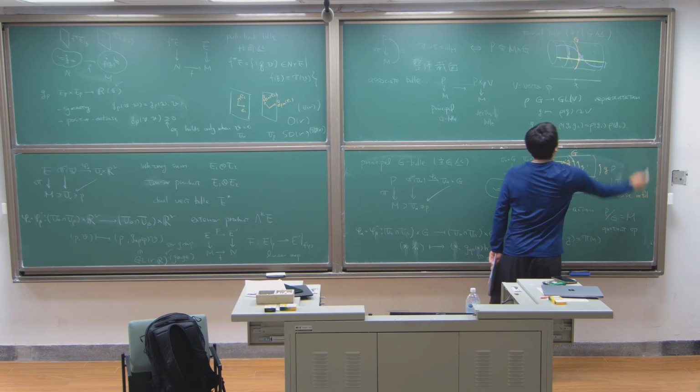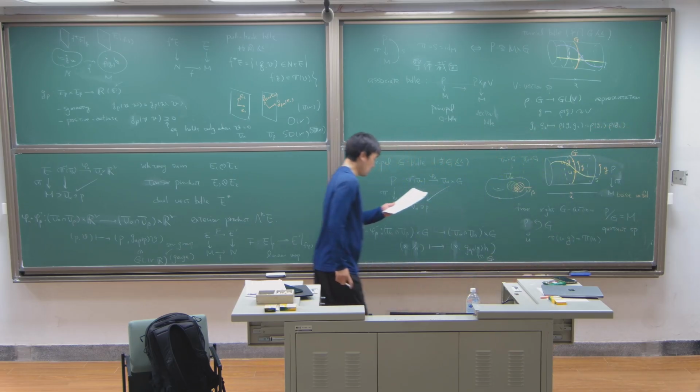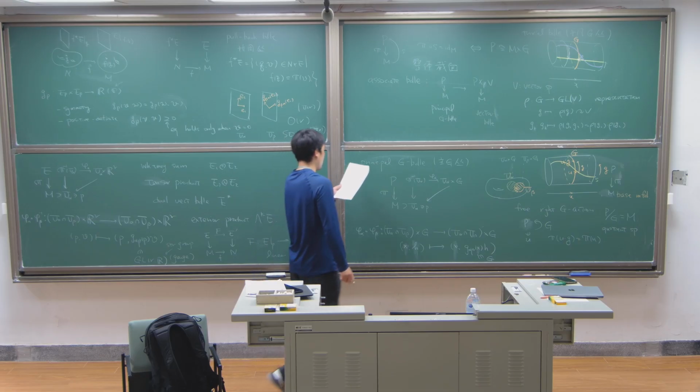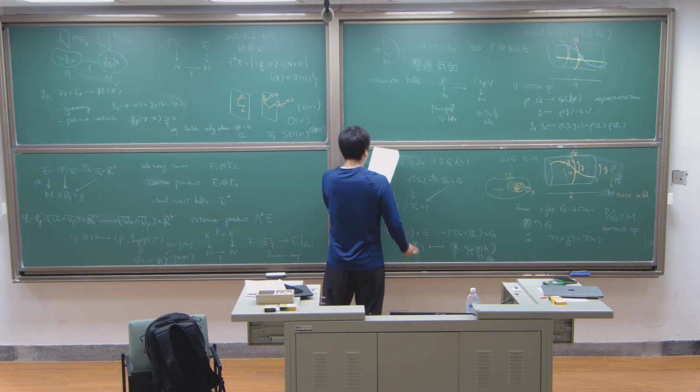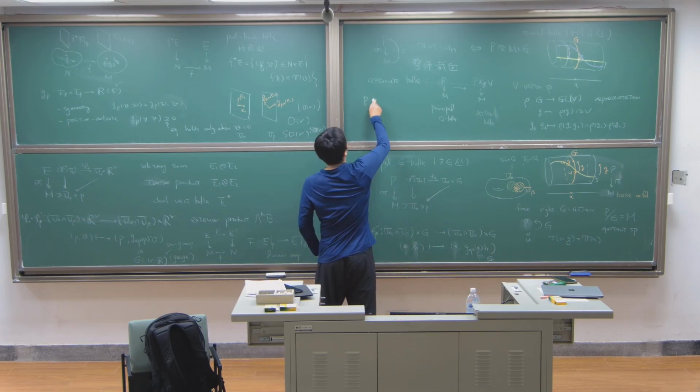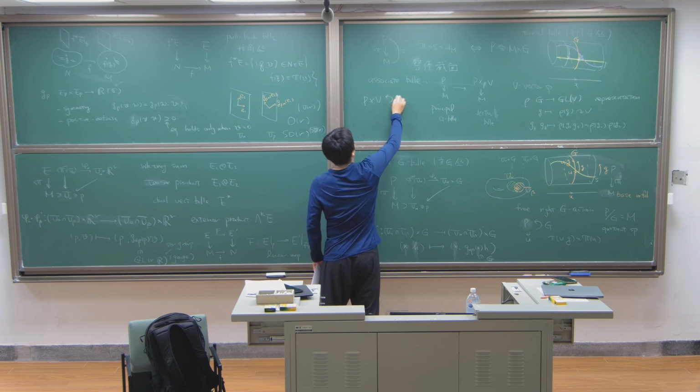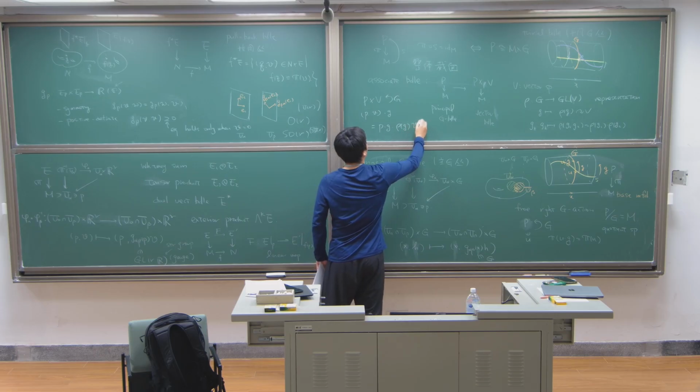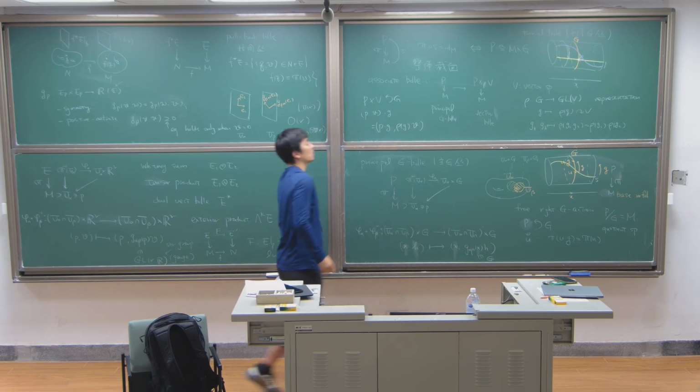That's a representation. Okay. Then you can have the G action on P cross V, such that (p, v) dot g is equal to (p dot g, rho of g inverse v).